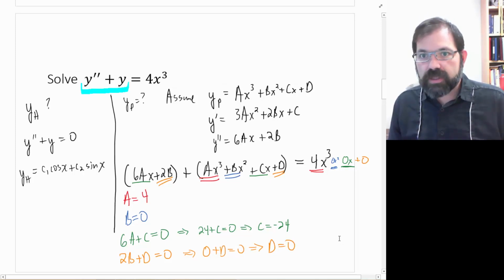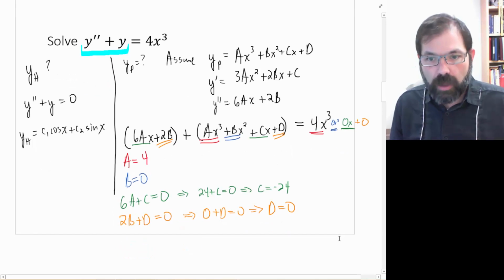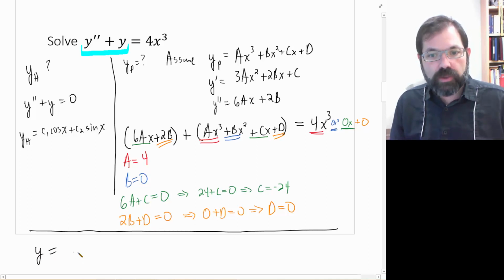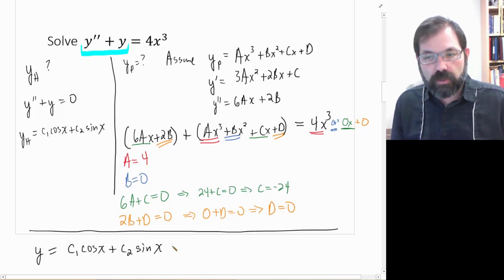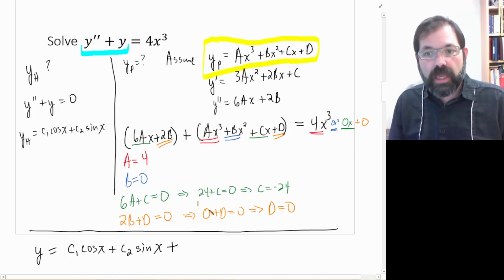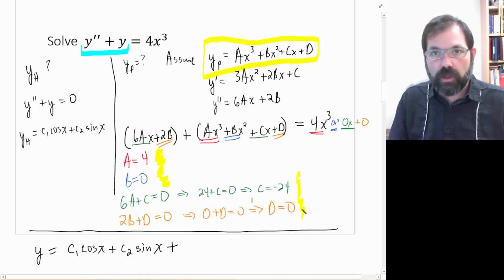Now putting this together, remember our general solution is y equals y sub h, so c1 cosine x plus c2 sine x, plus the particular solution. The particular solution was ax cubed plus bx squared plus cx plus d, and now we know that a is 4, b is 0, c is negative 24, and d is 0.